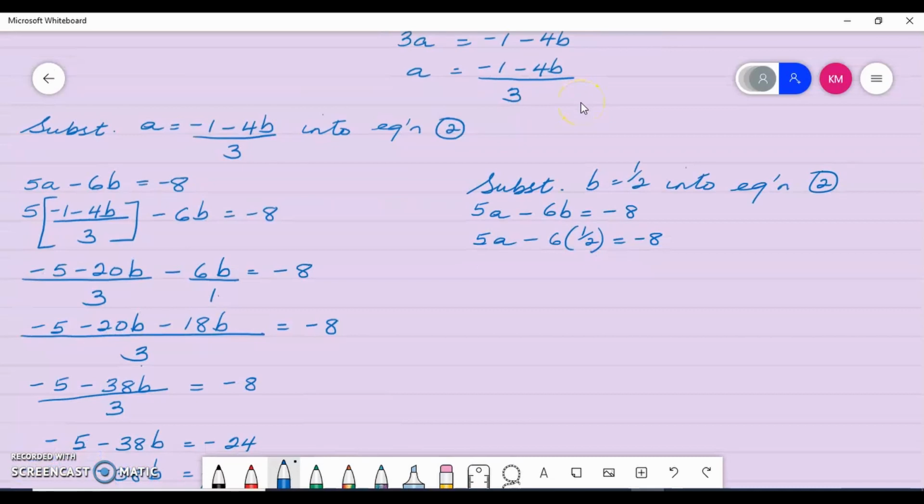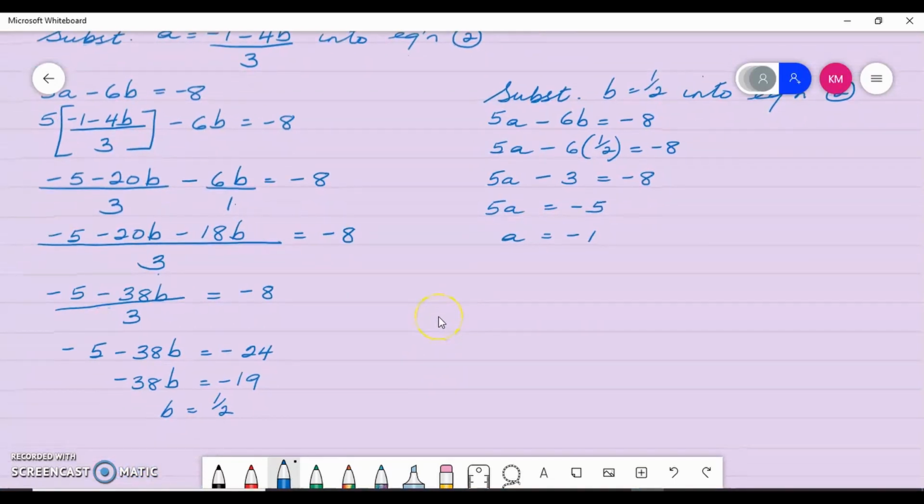I have 5a take away a half of 6, which is 3, is equal to negative 8. 5a is equal to negative 8 plus 3, which is negative 5. A is equal to negative 1. So there you have it, your values of a and b. A being negative 1 and b being a half.